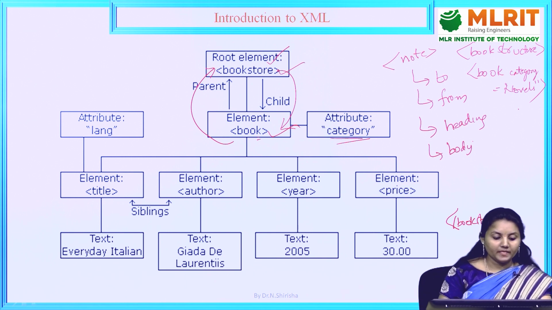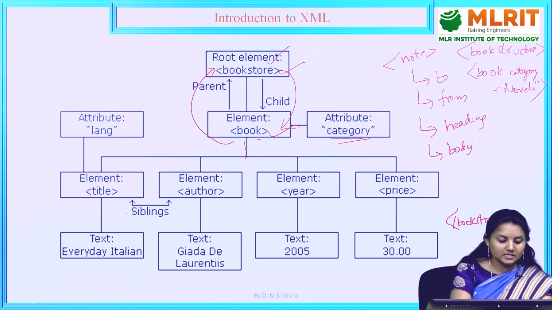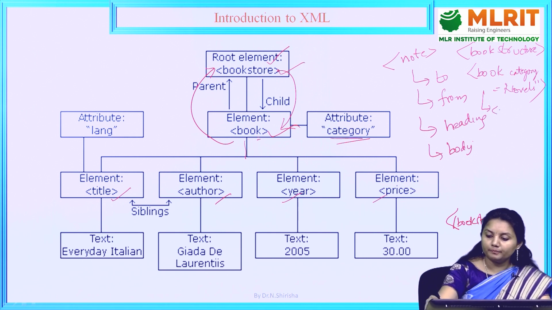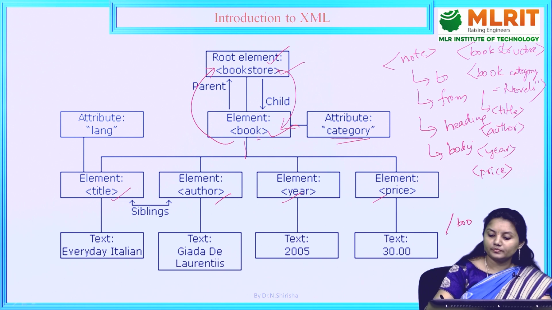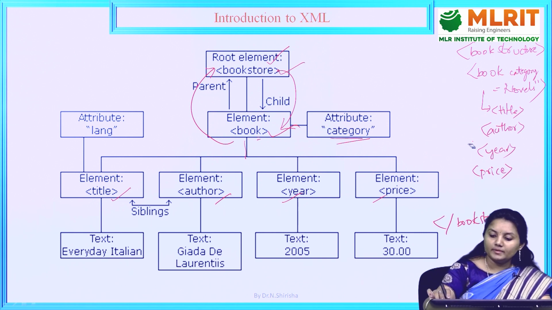Okay, then this book has how many sub elements? Title, author, year, price. So it has title, author, year, price. Bookstore, how many elements do you have? One, two, three, four. One, two is author, three year, four is the price.